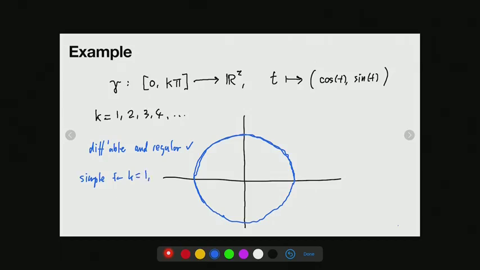Is it simple for k equal 2? Yes? For k equals 3, what happens? Perhaps somebody can tell. Yeah, please. It makes half a circle more.